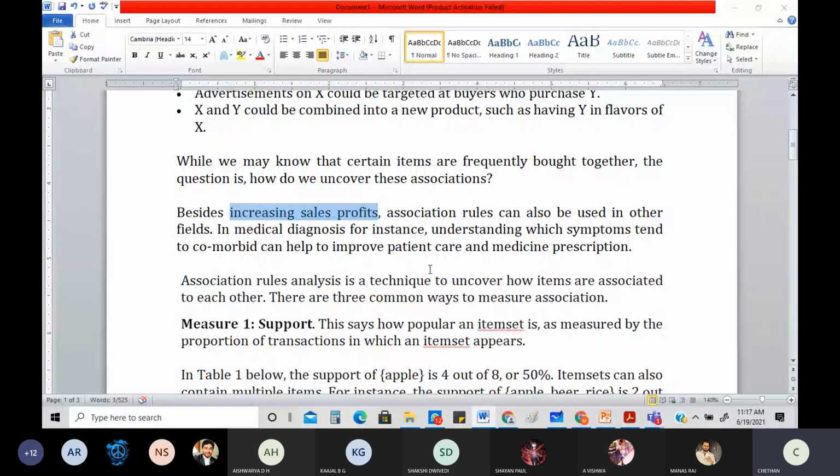In medical diagnosis, for instance, understanding which symptoms tend to be comorbid can help improve patient care and medicine prescription. This is a classic example from our corona situation. People who got corona will always be worried because of their comorbidities, especially people who have heart-related problems, diabetes, or high blood pressure. These are called comorbidities.